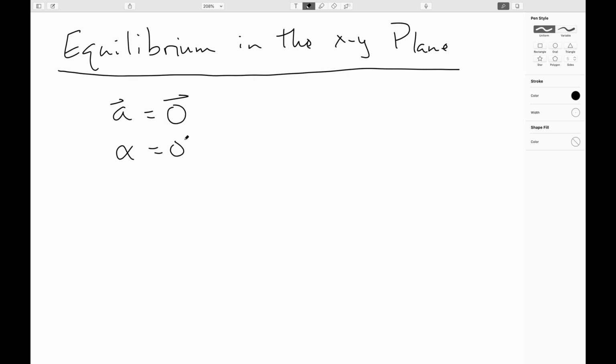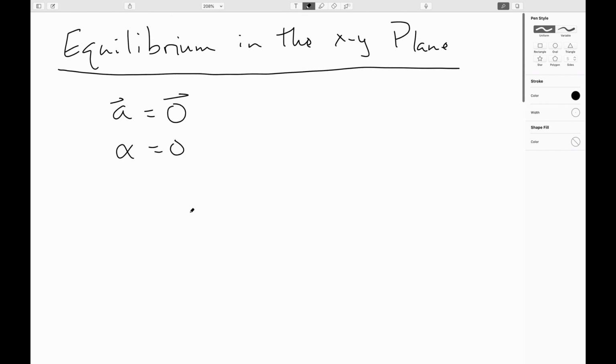As a practical issue, though, usually things are in static equilibrium, where we can say at least to some observer or other, things aren't moving at all. So we'll just focus on static equilibrium in the xy plane.